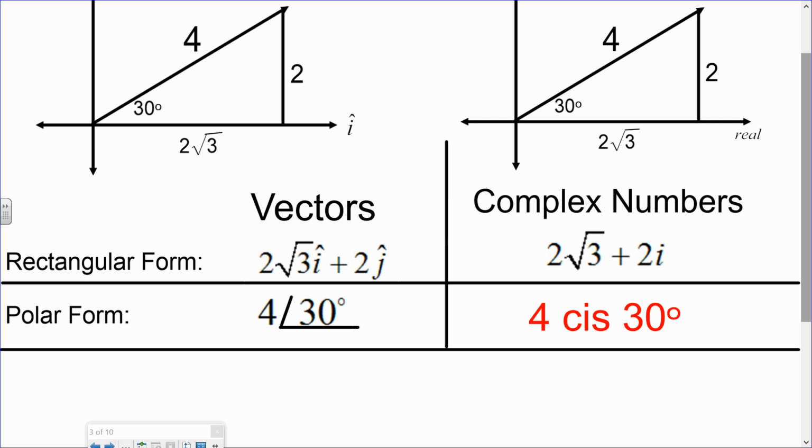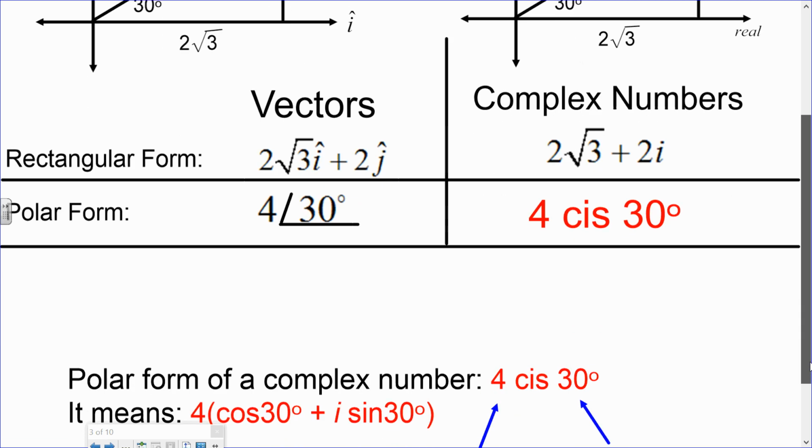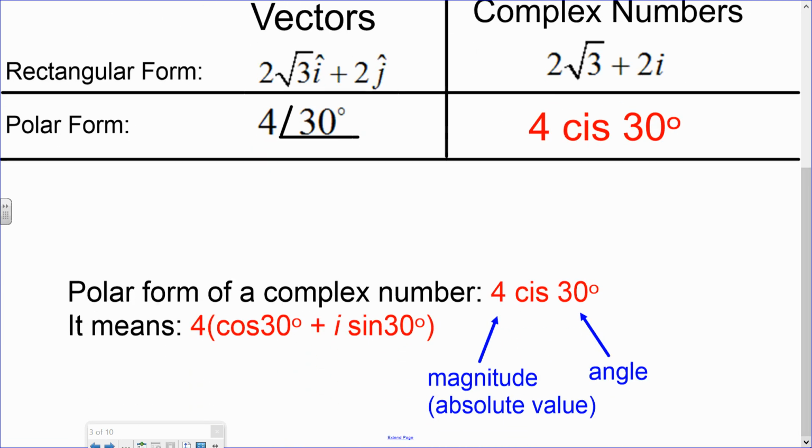And to make that not seem quite so bizarre, cis simply means cosine of the angle, the C is for cosine, plus i is for imaginary, times the sine, S is for the sine, of 30 degrees.